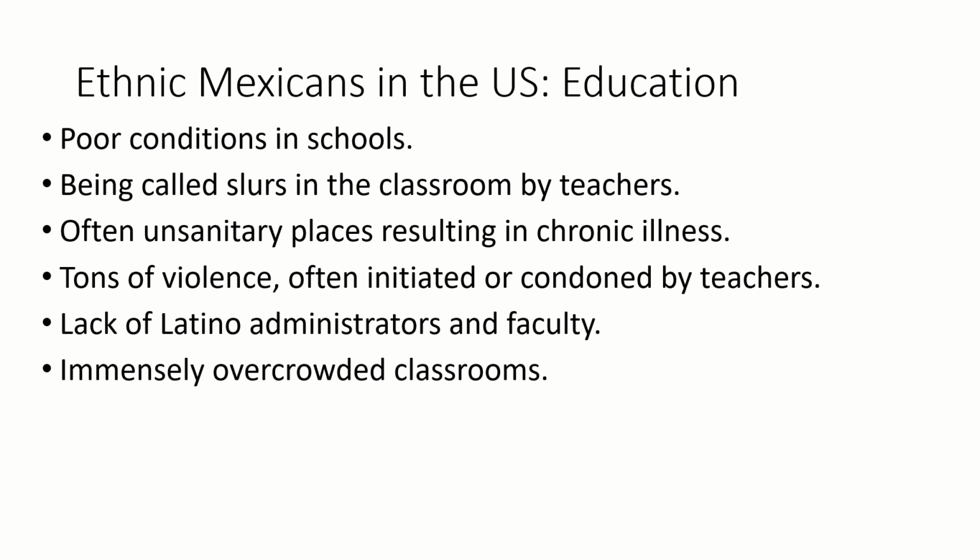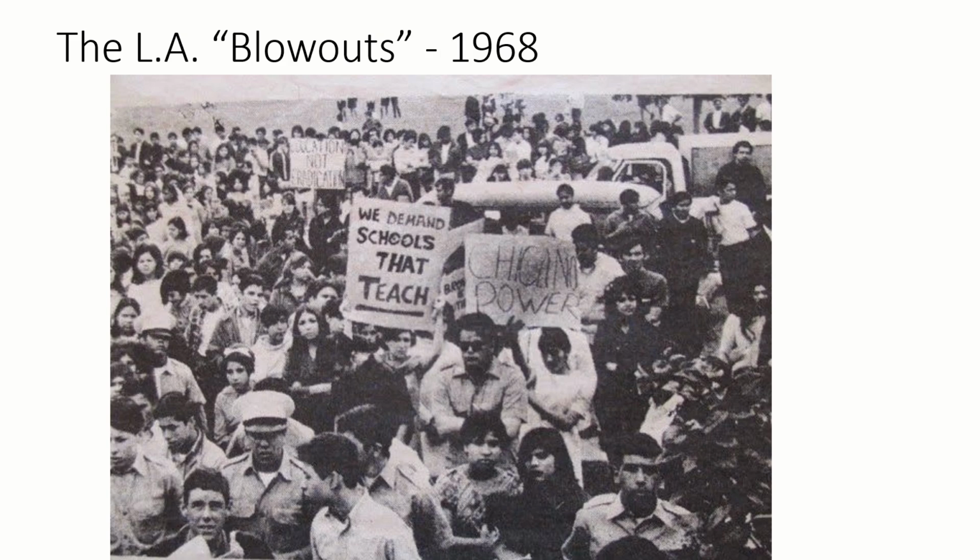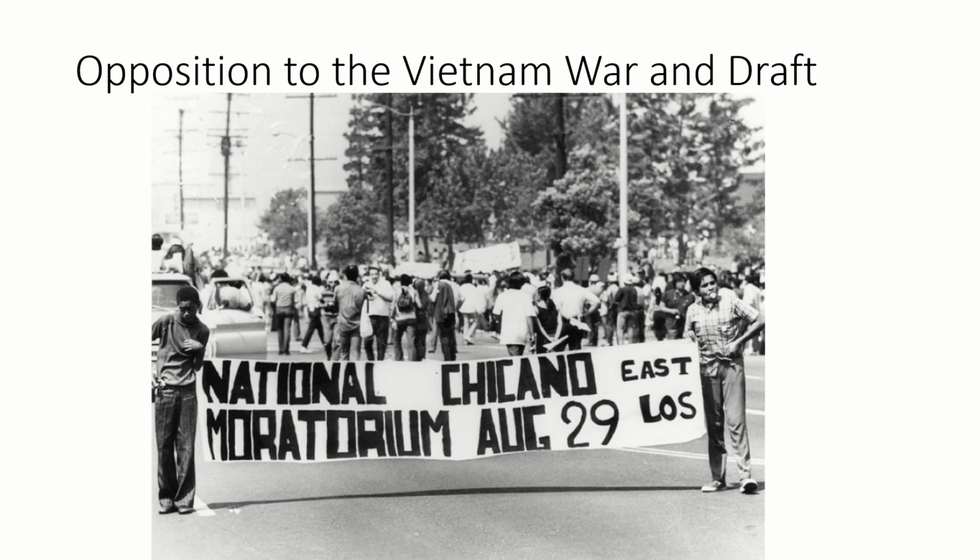They focused on things like education and the poor conditions in the schools and poor treatment that they had. And so in 1968, a group of students organized to walk out of schools in order to demand better conditions. This energizes the Chicano movement because it empowers young people to believe that they can effect change in their lifetime.